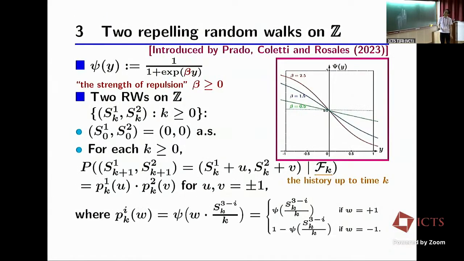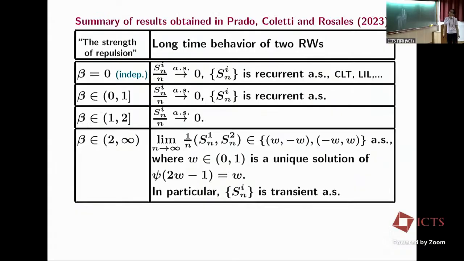This is a summary of results obtained in the previous paper. If beta is zero, then the two random walks are independent usual random walks. So each process is recurrent, and the CLT, LIL, and everything are obtained. For beta positive but less than or equal to 1, the strong law holds, and each process is recurrent with probability one. Between 1 and 2, just the strong law holds. And if beta exceeds 2, then the situation changes.